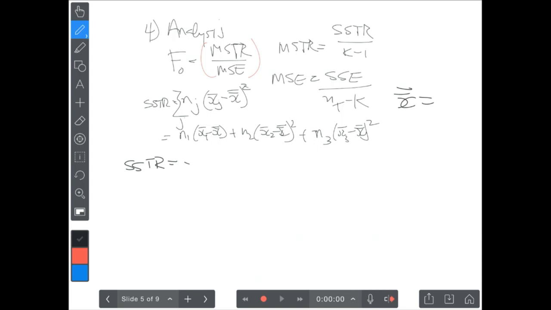What does that become? Let me just use my calculator very quickly. 92 plus 112 plus 84 equals 288, divided by 12. So 288 divided by 12 gives us 24.